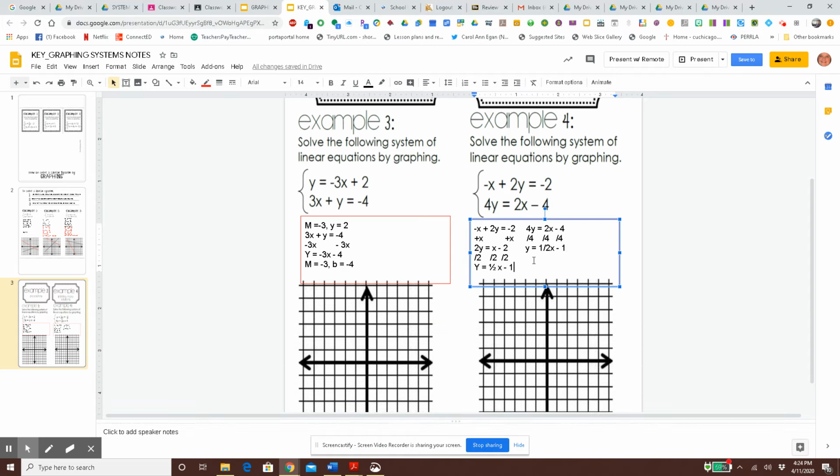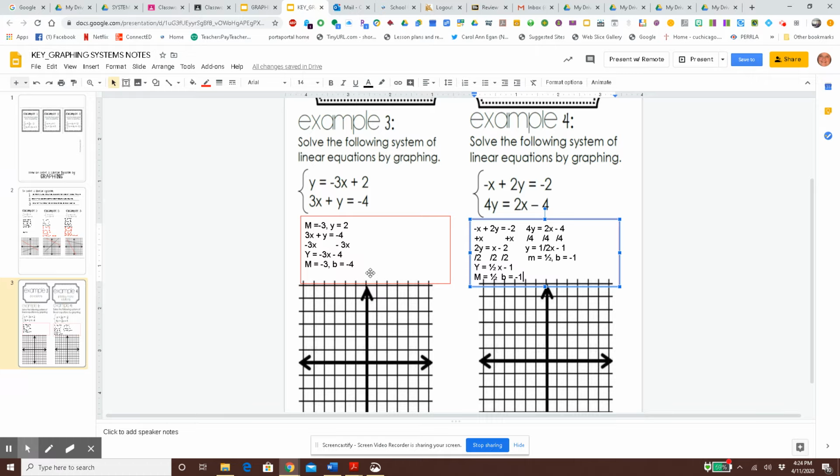So it's m and b here. M equals 1/2 and b equals -1. For this one, we had m equals 1/2 and b equals -1.